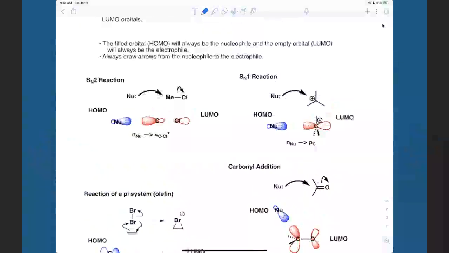Most of the interactions we have always involve a HOMO and a LUMO component. So this actually describes any organic reaction. The HOMO is where the electrons actually are. This is a filled orbital, and this will always be represented by where the electrons start.